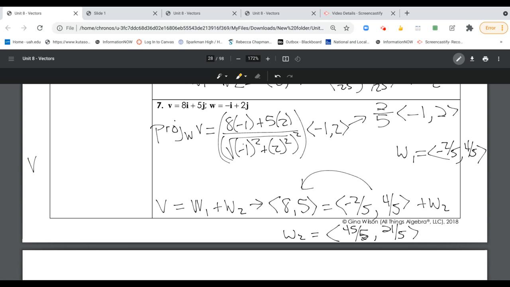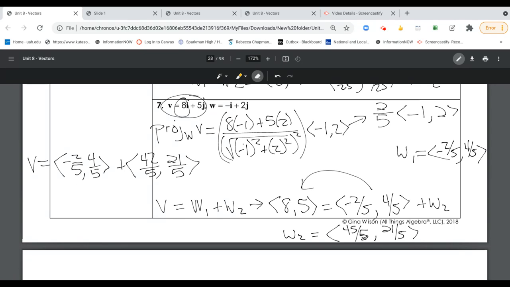So when I break v down, I end up with negative 2 over 5, 4/5, plus 42 over 5 and 21 over 5. Now, if you were to add these two together, you go right back to 8. If you were to add these two together, you go right back to 5. So please make sure that your outcomes are matching.